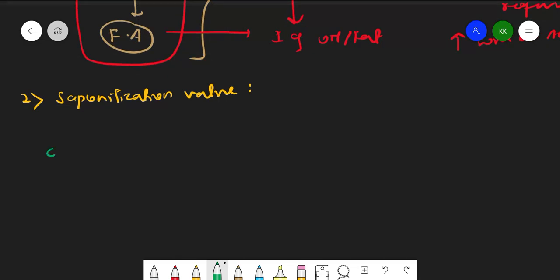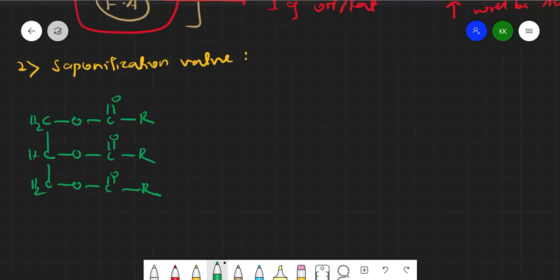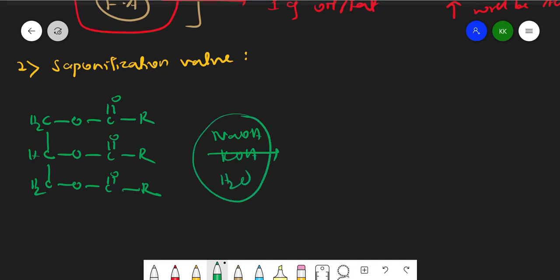So we have this fat, like this, CHOCOR, again CH2OCOR, right? So saponification means in basic medium like NaOH or KOH in presence of water we do basic hydrolysis.